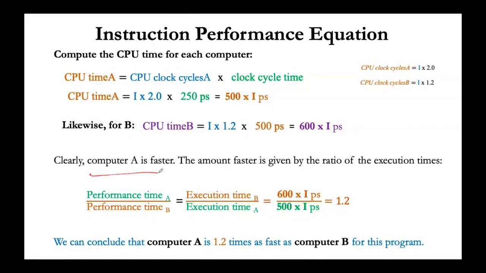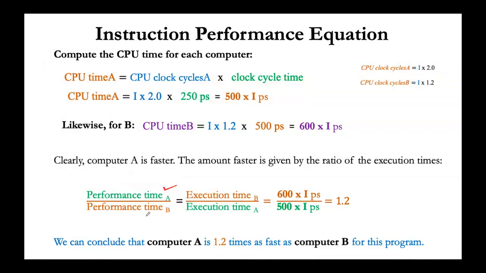So clearly, computer A is faster. Computer A requires 500 seconds of clock cycle time compared to CPU B. The amount by which computer A is faster is given by the ratio of the execution times.